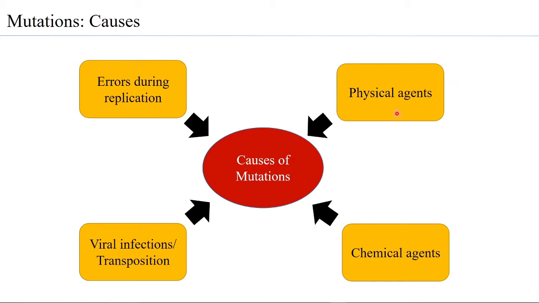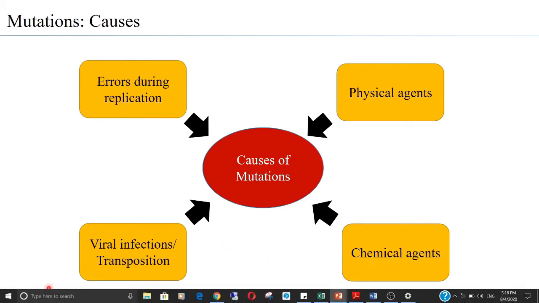You may have physical agents. For example, UV radiation can cause damage in the DNA, can cause mutation in the DNA. Or say you have a carcinogen, a mutagen that can change a particular nucleotide or particular nucleotides in the DNA, then again you can have mutation.